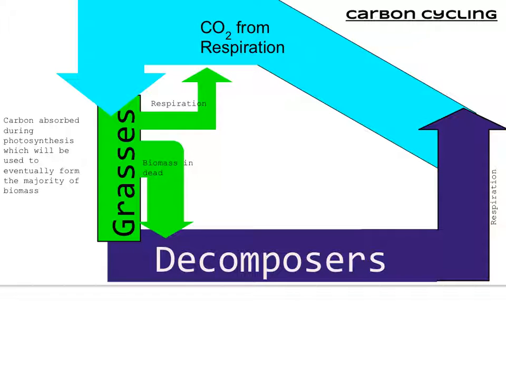But, as you might imagine, it's not just decomposers that exist in an ecosystem. What a sad ecosystem that would be. Hopefully there's some other things besides just decomposers in that ecosystem, and they too would like some of that biomass that the grass has.